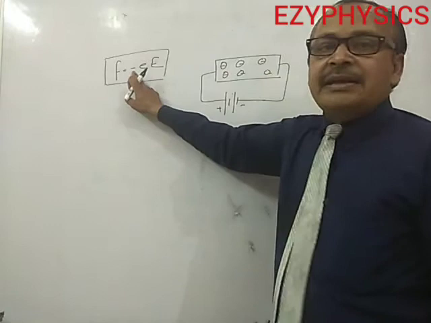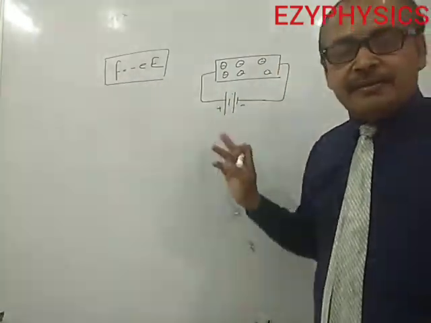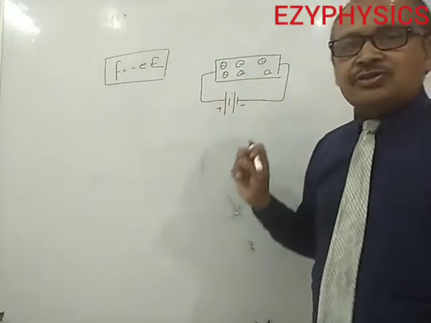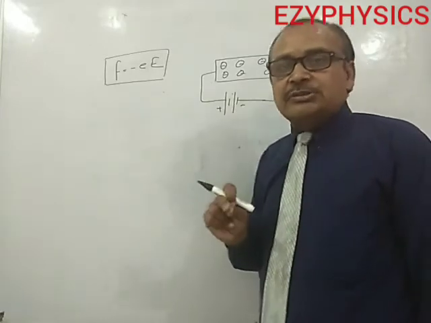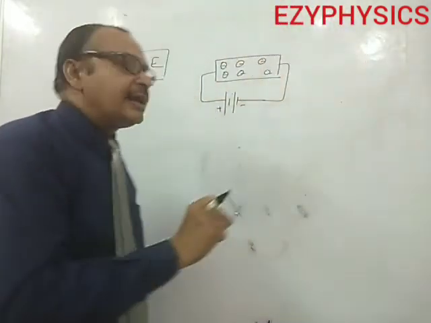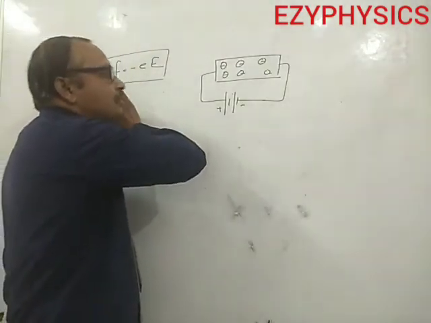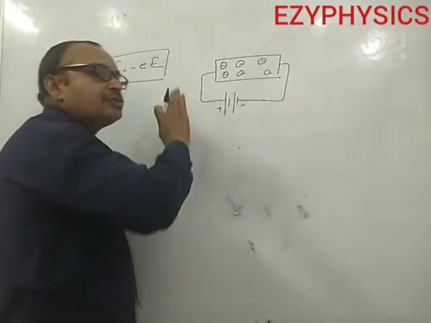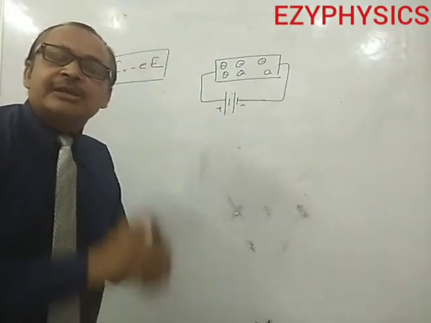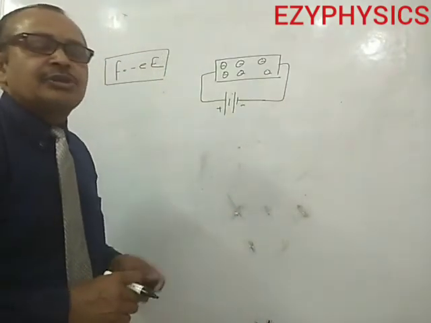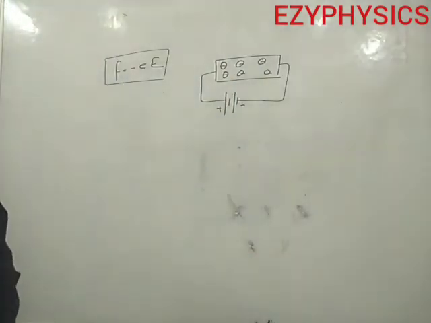This minus sign clearly indicates that the force exerted on the electron will be in the opposite direction of the applied electric field. This force will make the electrons move, and the movement of electrons will obviously result in the conduction of current. So current will start flowing through the conductor.